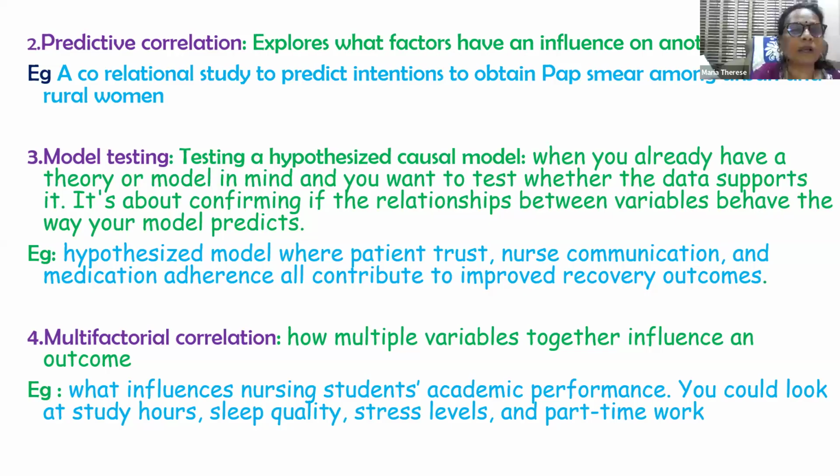So these are some of the multiple factors, like study hours, sleep quality, stress level, and part-time work, and how they influence, interrupt, or improve academic performance. So this is what multifactorial correlation is. Each thing has to be correlated.